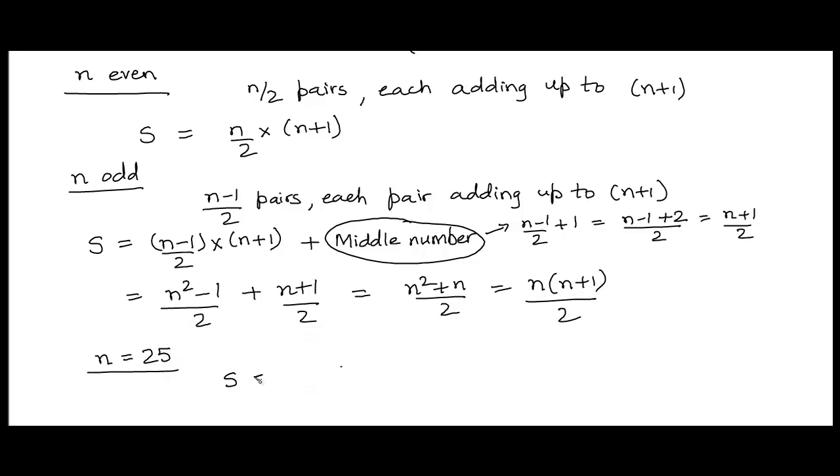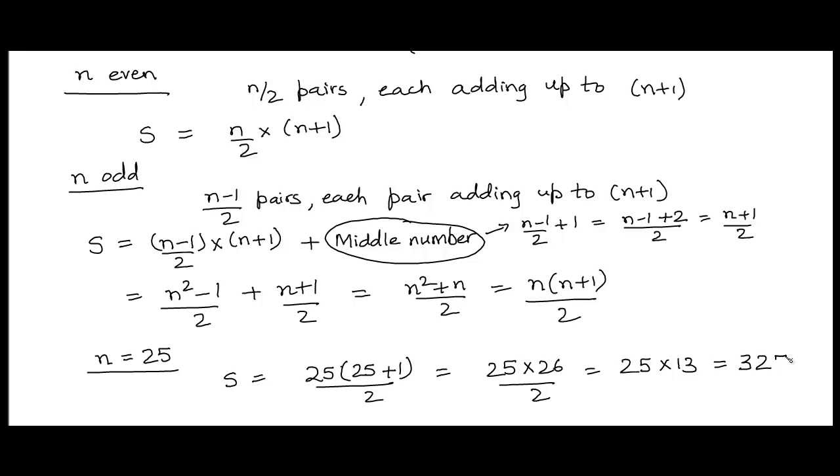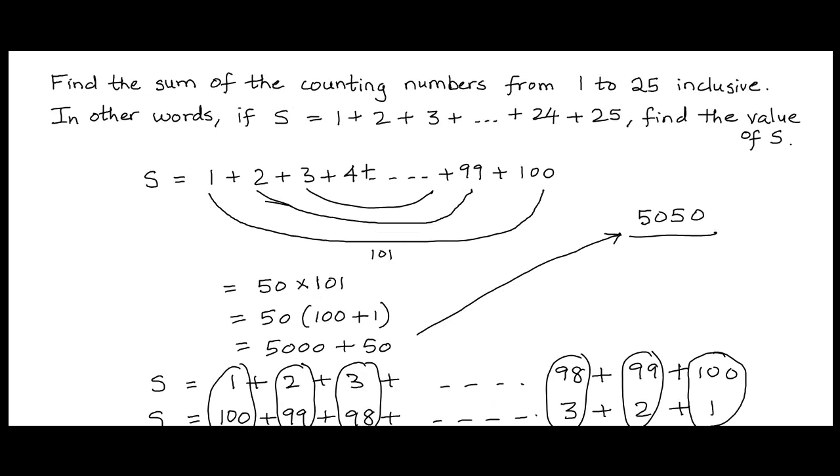So s would be 25 times 25 plus 1 divided by 2, which is 25 times 26 divided by 2, which is 25 multiplied by 13, which turns out to be 325. So that's the value of the sum of the first 25 natural numbers. This is 325.